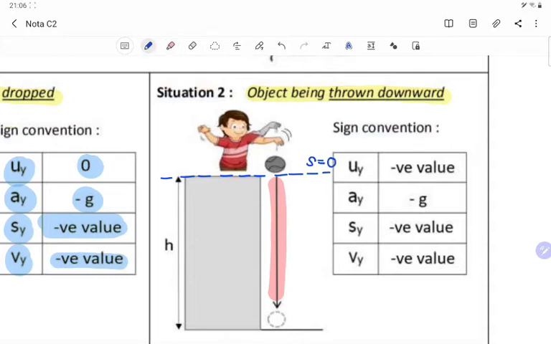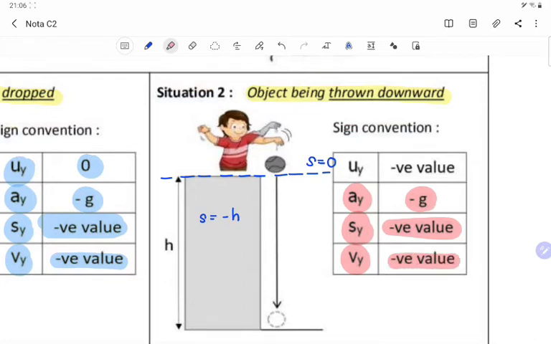Jadi, nilai S kita akan equals to negative value. And the height of the building, tempat bola itu dijatuhkan adalah H. So, S is equals to negative H. So, in the table, SY masih lagi negative value. Acceleration is due to gravity, negative g. And then VY still going downwards, negative value.